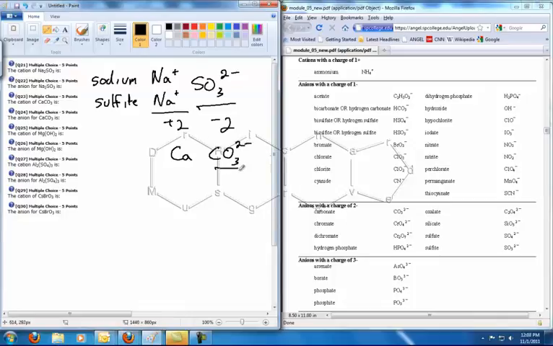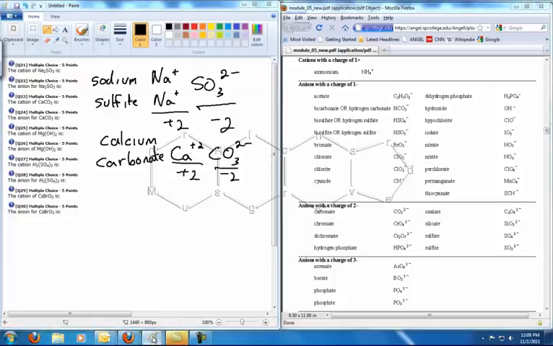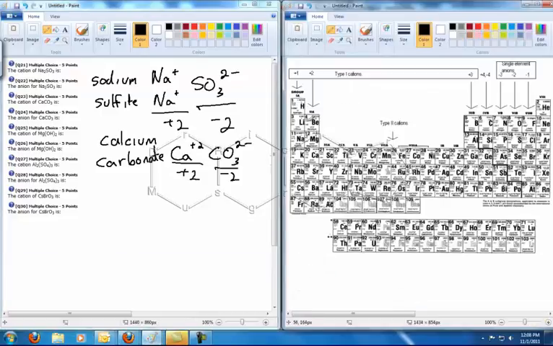And that means that the total negative charge is -2, the total positive charge has to be +2, which means the calcium has to be +2. So the name of this would be calcium carbonate, just copying the name directly off here. Again, no need for calcium(II) or anything, because calcium always has a +2 charge because it's in group 2. You can see it down here, group 2. So it's always +2.